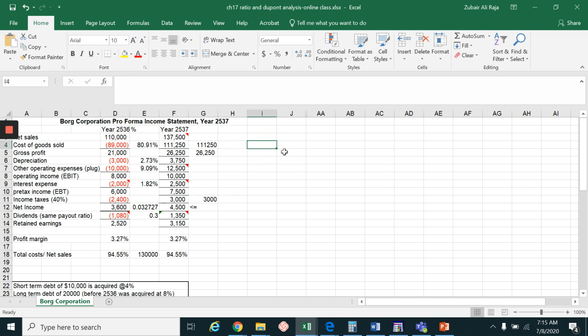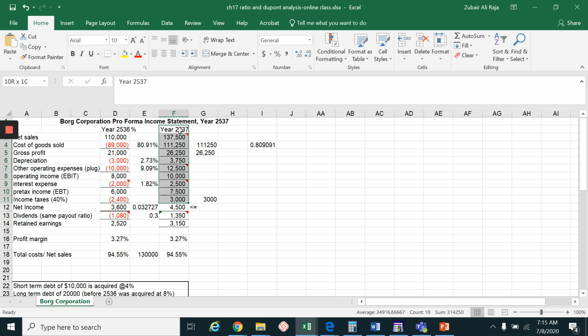If you see this calculation, 89,000 divided by the sales is 0.809091, which is 80.91%. This is the pro forma statement for the future year. This year has not yet happened, year 2537.